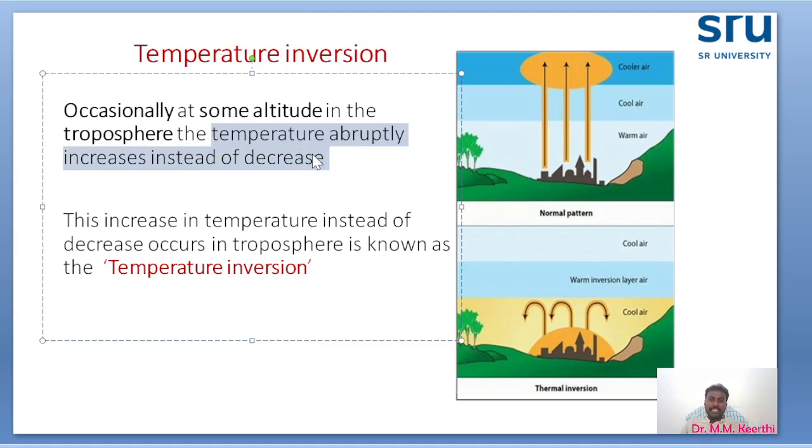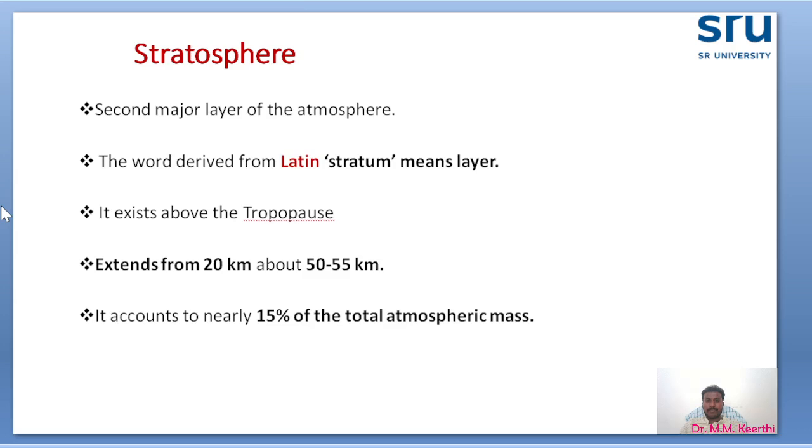When altitude is increasing, temperature should decrease. But in the troposphere, occasionally at some altitude, temperature suddenly increases instead of decreasing. That is called temperature inversion. Once again, it is an increase in temperature instead of a decrease. It is called temperature inversion.